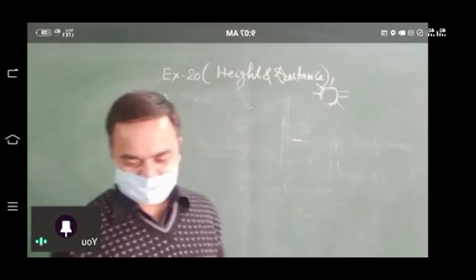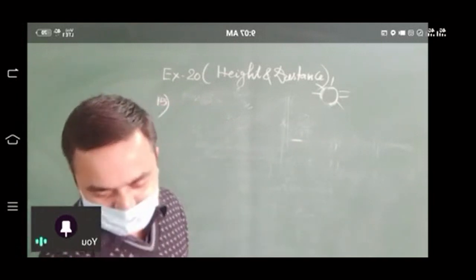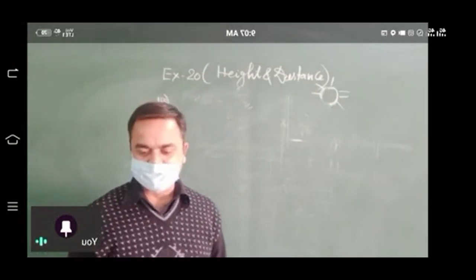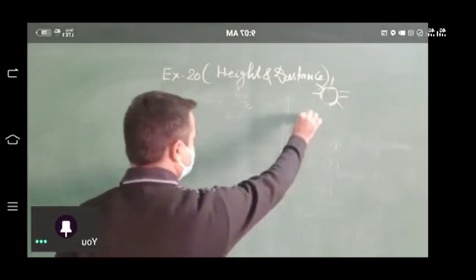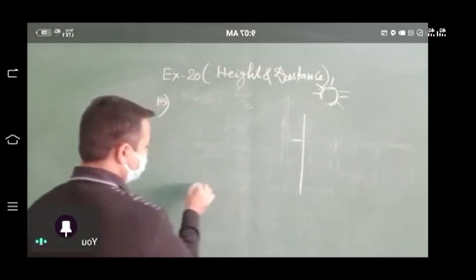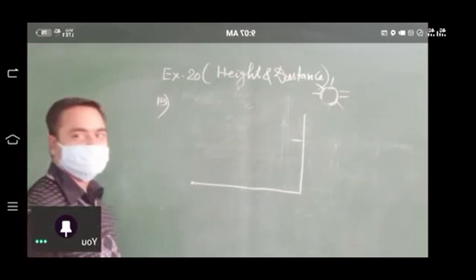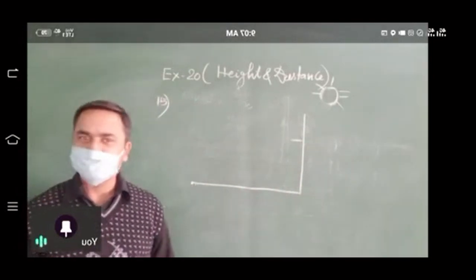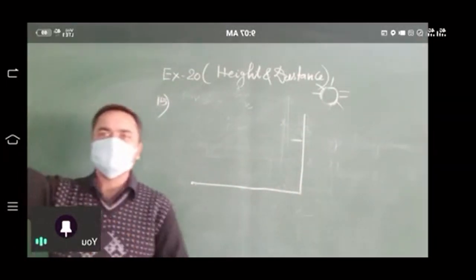So the next question is too significant. Here, a man observes the angle of elevation of the top of a tower to be 45 degree. देखो, angle of elevation है, a man is standing here at this horizontal point, and he is observing the height of the tower.